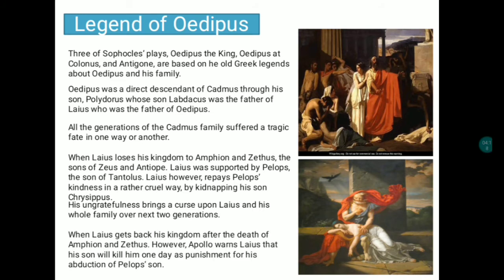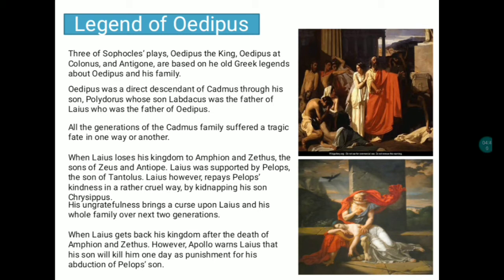When Laius gets back his kingdom after the death of both Amphion and Zethus, Apollo warns Laius that his son will kill him one day as punishment for his abduction of Pelops' son. And that's how the curse begins.